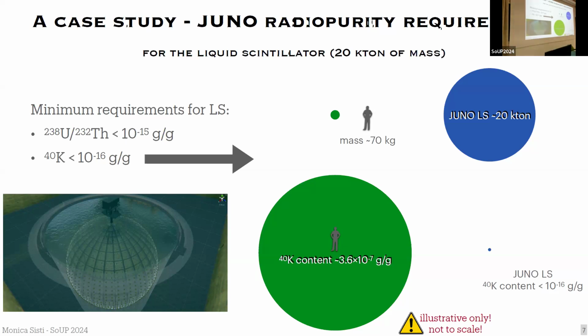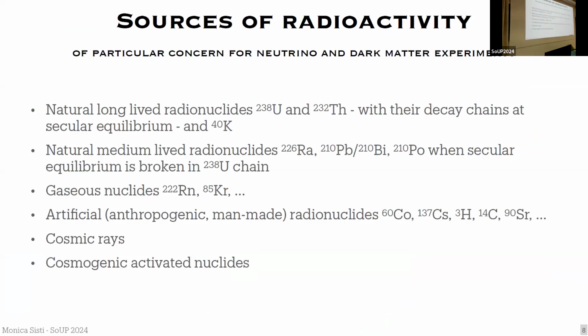And potassium-40 is ubiquitous. We will see that despite its very low isotopic abundance, it has quite a high importance in the natural radioactivity of our Earth. So sources of radioactivity that are of particular concern for neutrino and dark matter experiments are the natural long-lived radionuclides, uranium, thorium, and potassium-40.